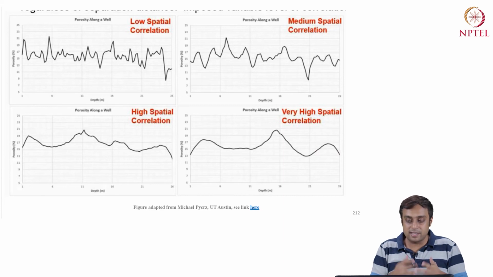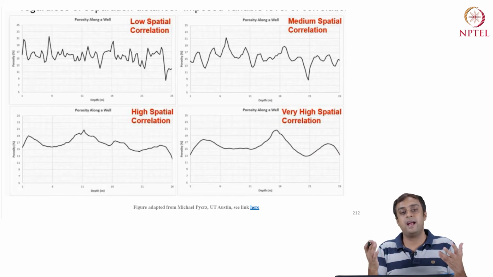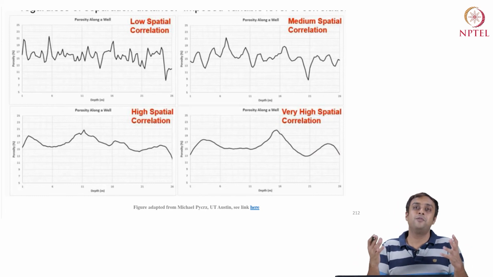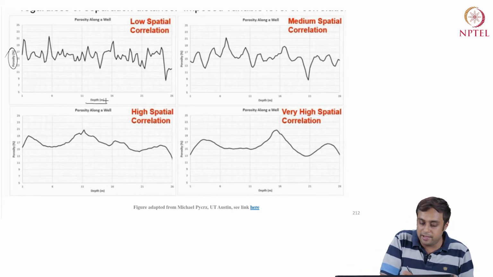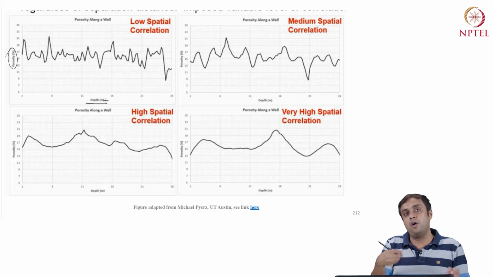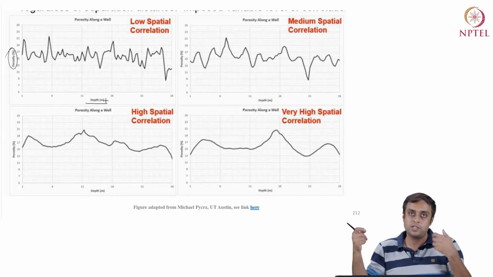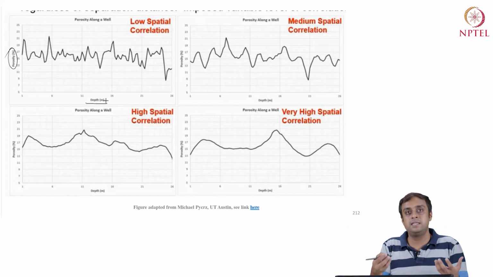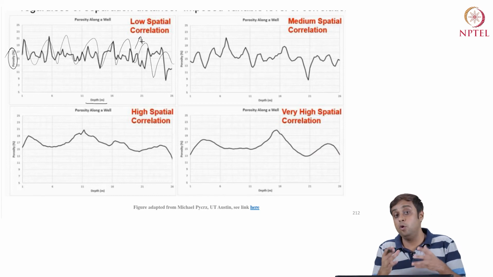What I present here is another very nice way to understand data. If you have a univariate data set where you have porosity measures and depth from ground, or from any location depth going in any direction over space, then if you plot these data and they look highly irregular, that's a signal of low spatial correlation in the data.